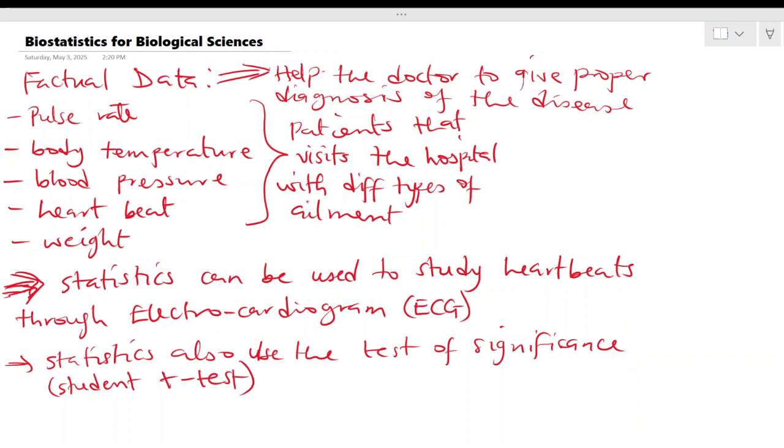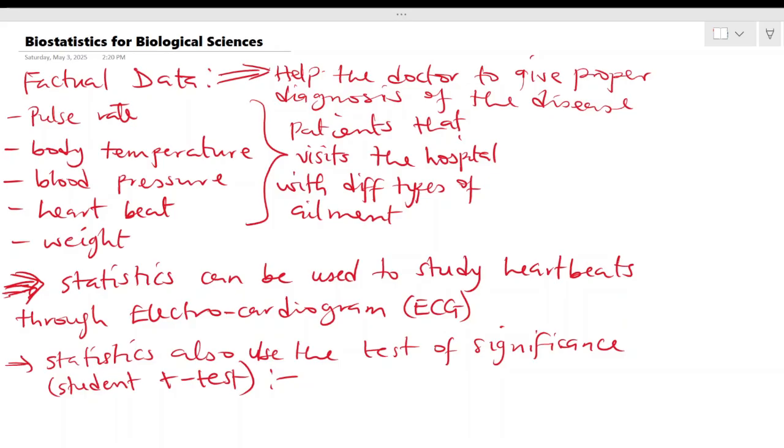All right, so they use this for testing the efficiency of a manufactured injection. So the student t-test, for example, could be applied in testing the efficiency of manufactured injections or medicines for controlling or curing specific ailments.